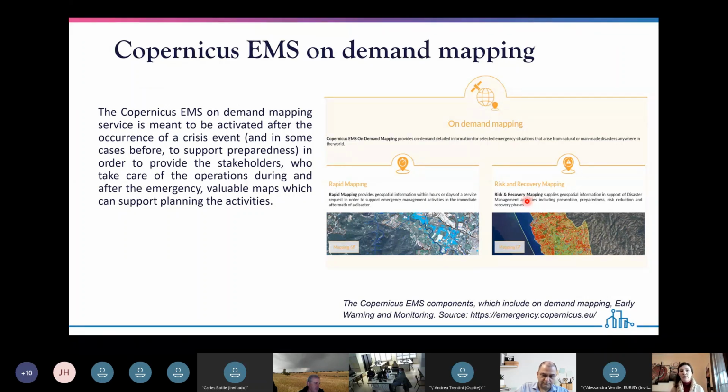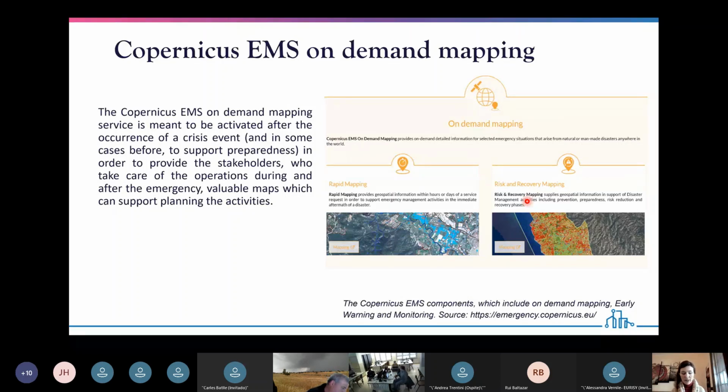What is on-demand mapping? It is a service which is provided in particular to civil protection, but not only. The idea is that Copernicus is offering a free service to authorized users for having available maps in case of disasters. This is in particular what is dedicated to rapid mapping. Why rapid mapping?